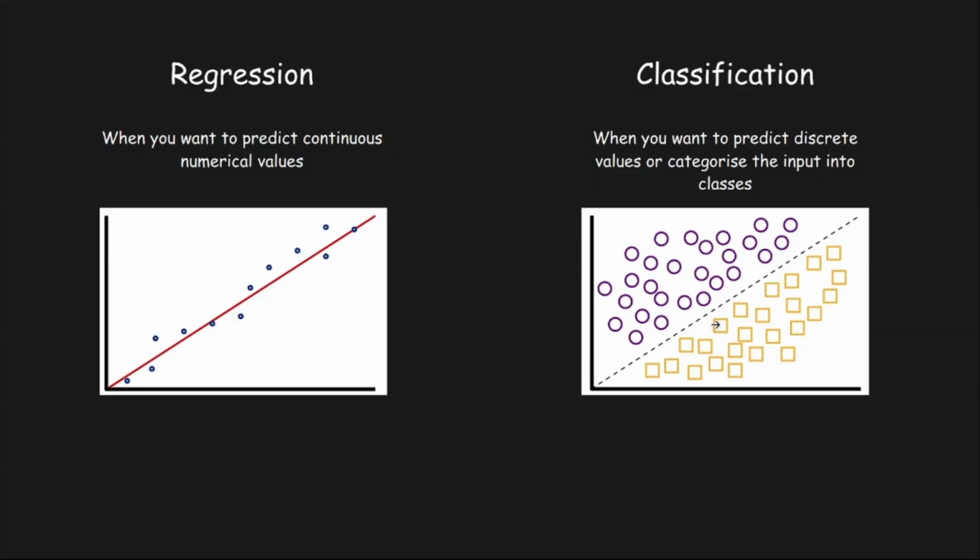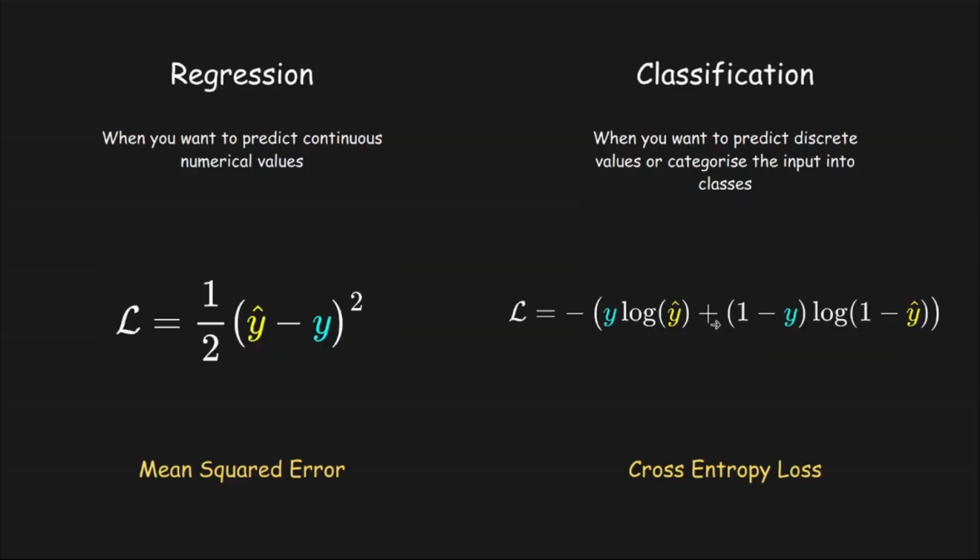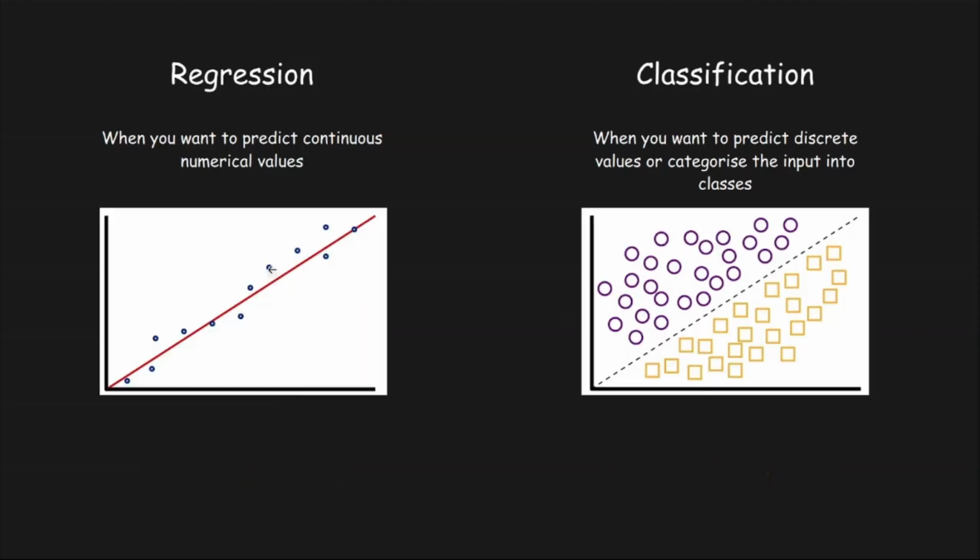Now for each of these tasks we have their designated loss functions that we need to use. So for regression tasks, the most commonly used loss function is the mean squared error. So in mean squared error, what we try to do is we take the value of y hat and we subtract the value of y, and if you see in this graph, this point here is greater than the point here on the predicted value, right?